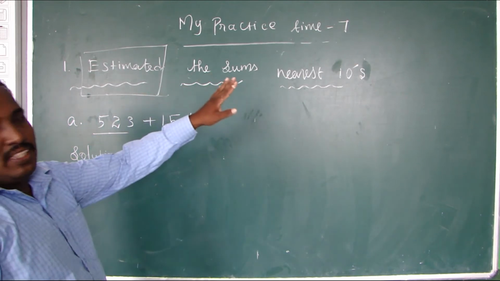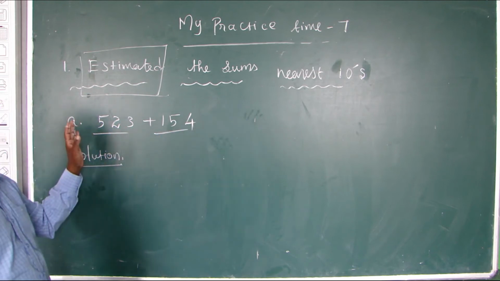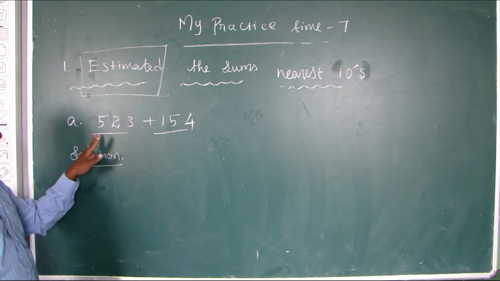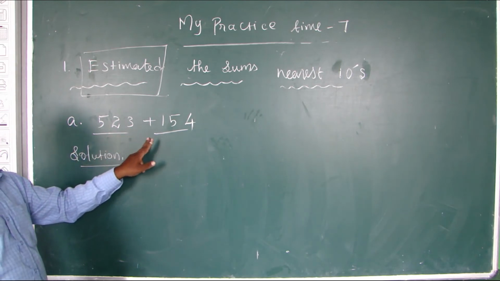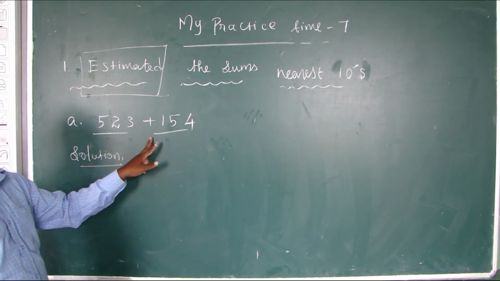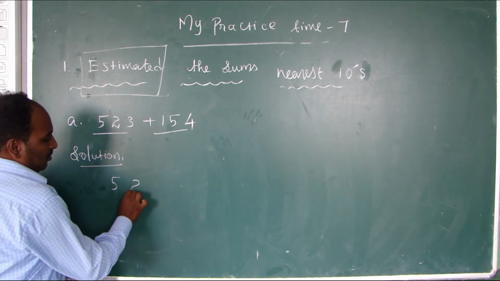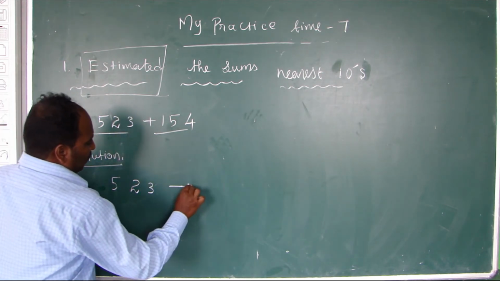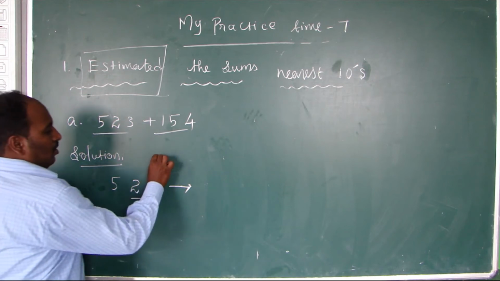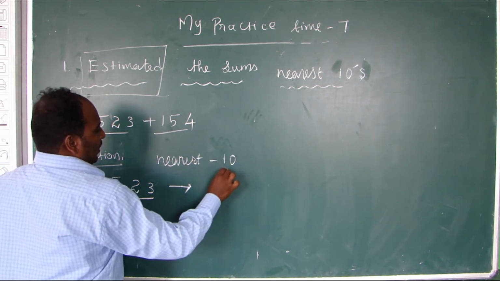Exercise 7. Estimate the sums to the nearest tens. A part: 523 plus 154. For 523, the rounded value, we want the nearest 10.